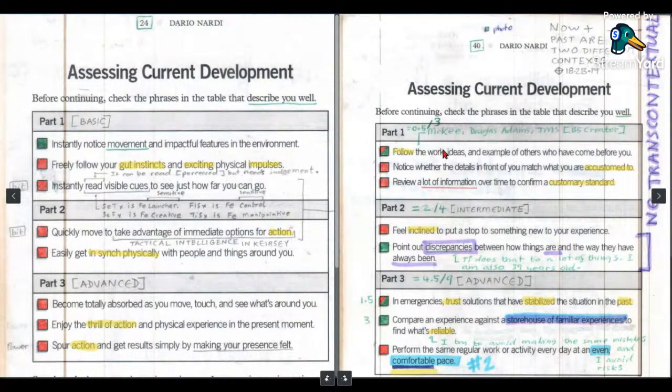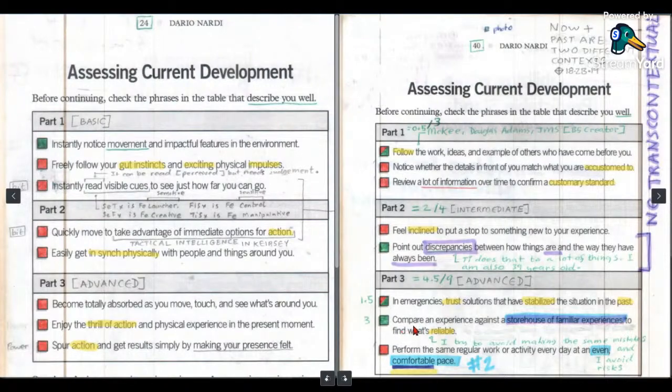So wanting to follow the example of those because it's consistent, what you're accustomed to, what works, what is safe. Focus on security. Trust solutions that have stabilized the situation in the past. In emergencies, trust solutions that have stabilized the situation in the past. Motivation. What is reliable?